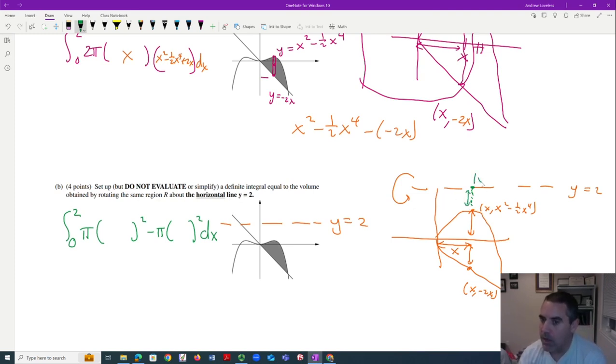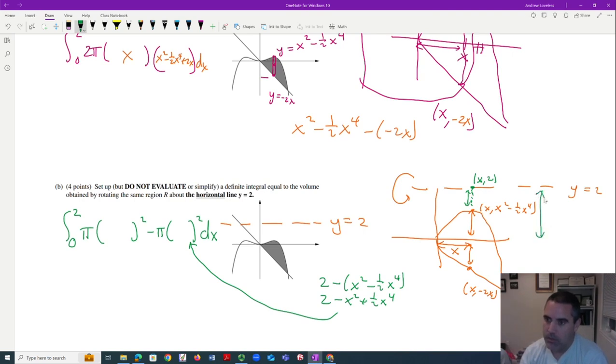So we get to play this game yet again. You can either do top minus bottom, in which case it's going to be 2 minus this formula. So 2 minus x squared minus 1/2 x to the fourth, which is going to be 2 minus x squared plus 1/2 x to the fourth. And that's the inner radius. Or you could label and say this is 2, this is what this function is, and so it's 2 minus that.